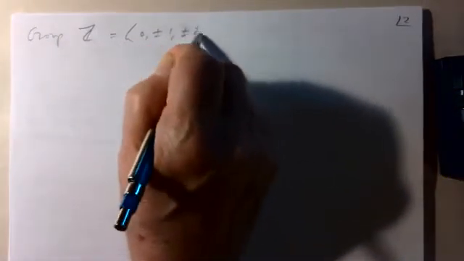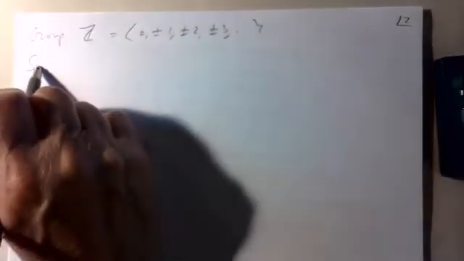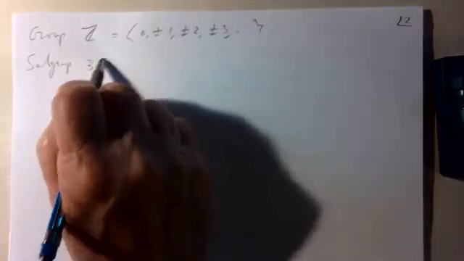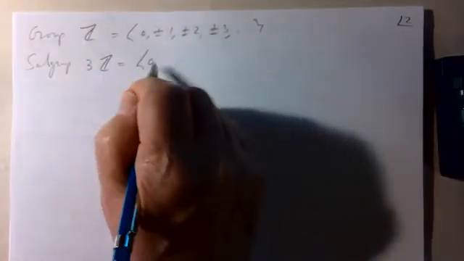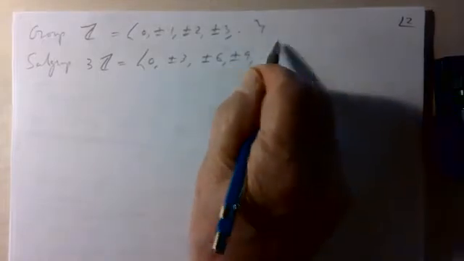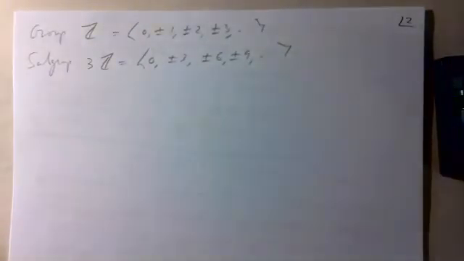As an example of an additive group and subgroup, you could take the group Z of all integers. That's an additive group. And we have the subgroup, for example, of 3Z, which is all multiples of 3. The identity is 0. 0 is a multiple of 3.